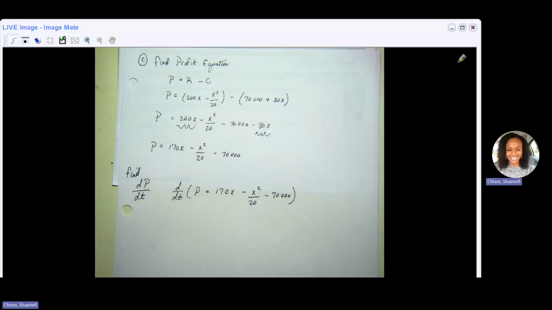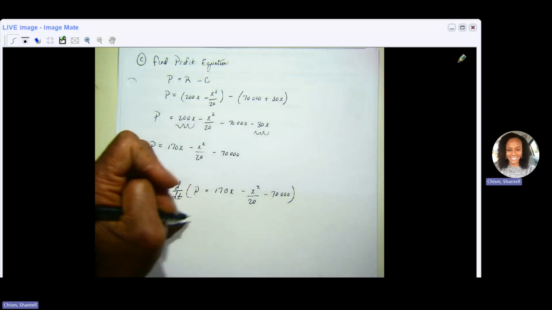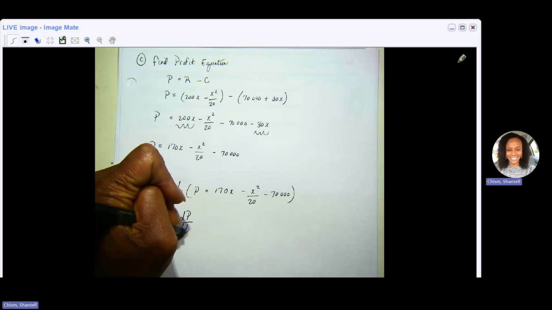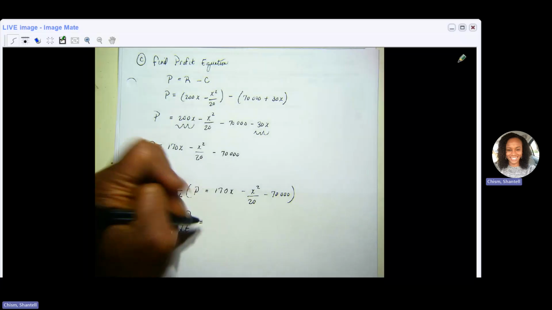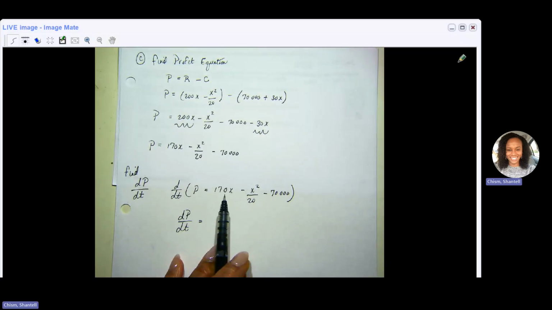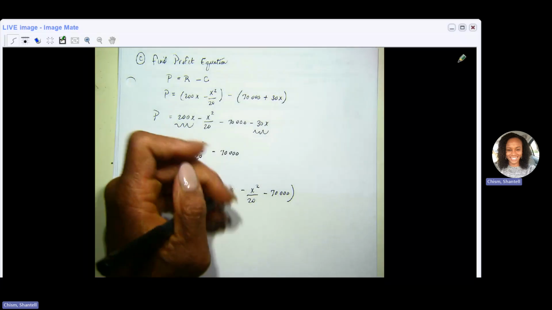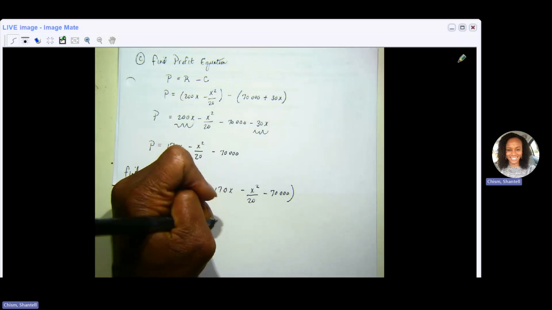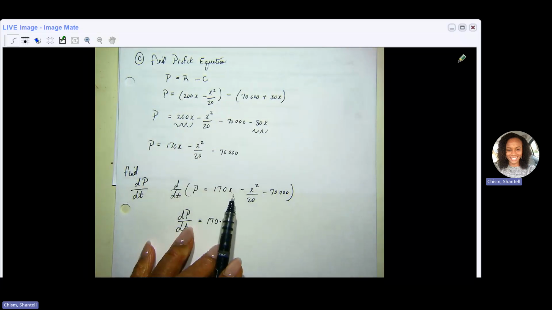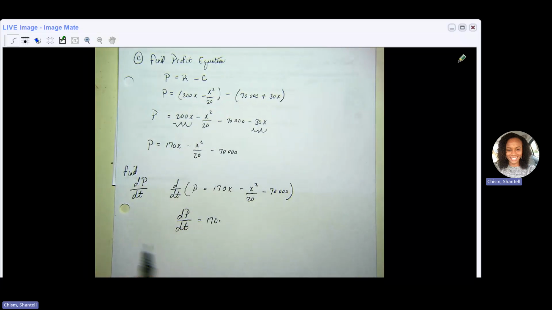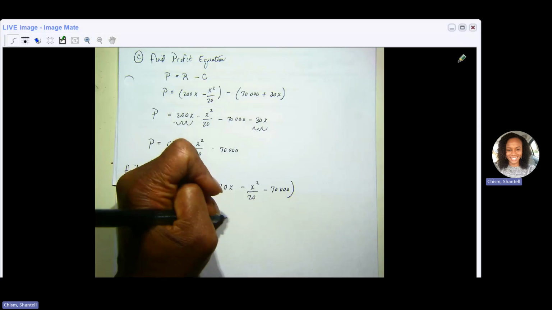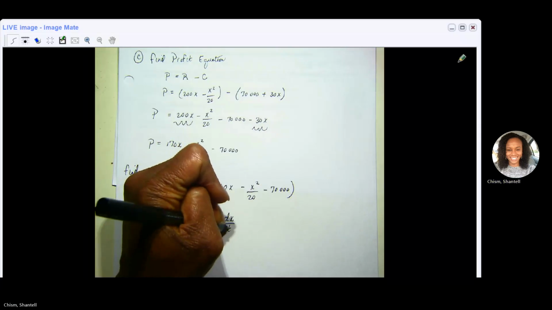Okay? So when I take the derivative of P, that becomes dP over dt. When I take the derivative of 170x, well, 170x is linear. When I take the derivative of linear, it becomes a constant. And then I have to say times the derivative of the inside function because the function is a function of time t, so that becomes dx over dt.